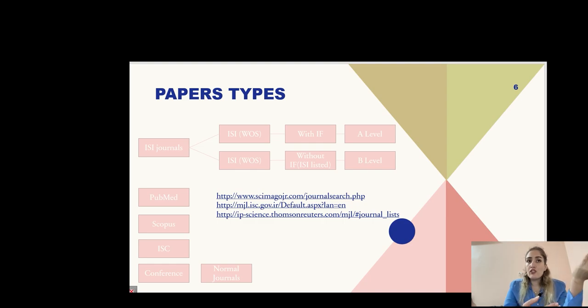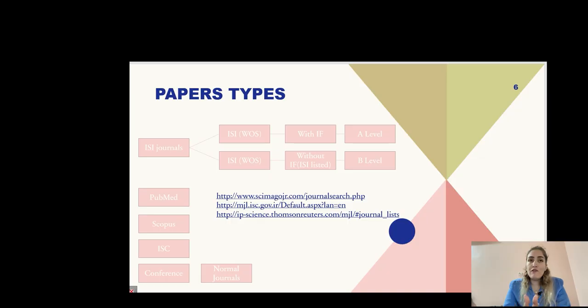Of course, an ISI journal with impact factor ranks higher than an ISI journal without impact factor: with impact factor is A level, and without impact factor is B level. Each ISI journal is also divided into Q1 to Q4 for each major.